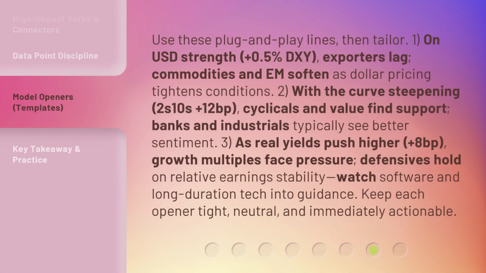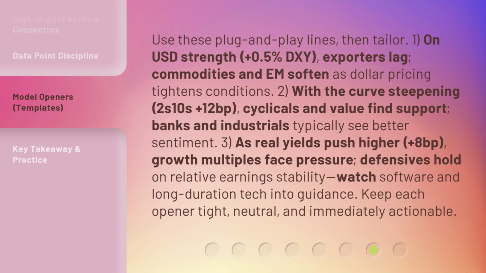Use these plug-and-play lines, then tailor. 1. On USD strength, plus 0.5% DXY, exporters lag. Commodities in EM soften as dollar pricing tightens conditions. 2. With the curve steepening, 2s10s plus 1.2 BP, cyclicals and value find support.